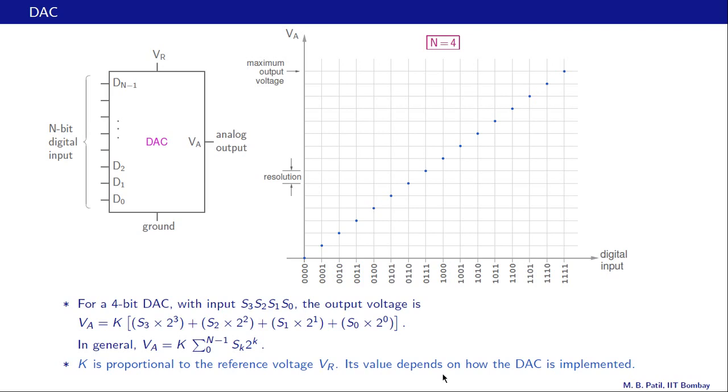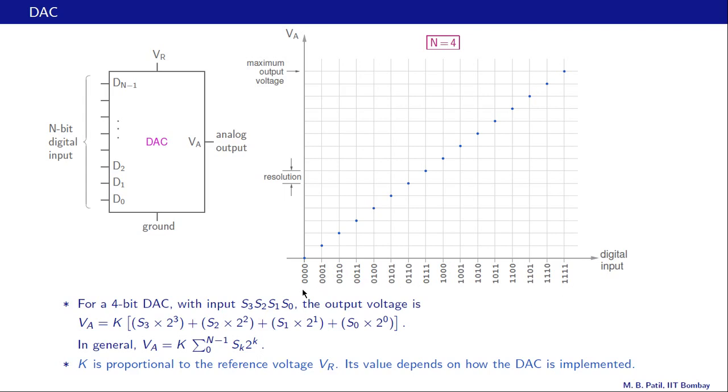Okay, now let us look at how VA varies, the output voltage here, as a function of the digital input that we apply to the DAC. And we will take the same example again where n is 4. So it's a 4-bit DAC. So here is our digital input.